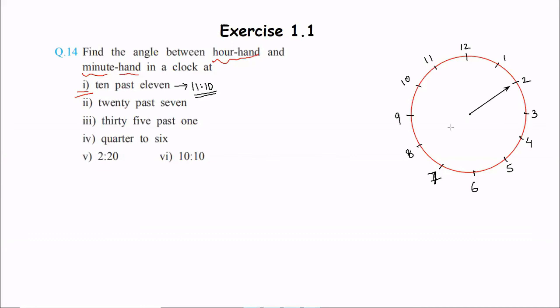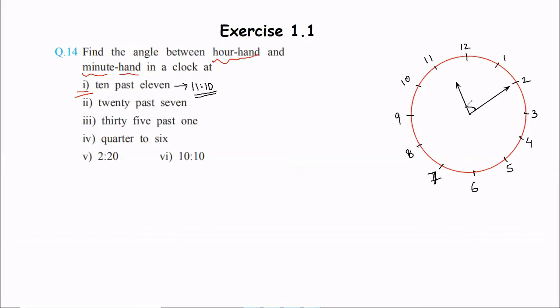But the hour hand will be slightly ahead of 11, right? It will not be at exactly 11. Somewhat like this. So we need to find the angle formed over here.